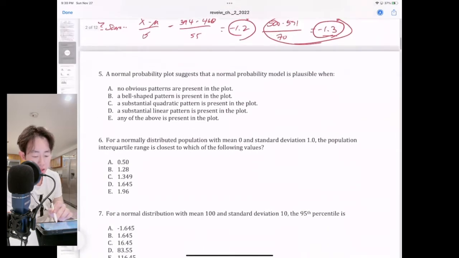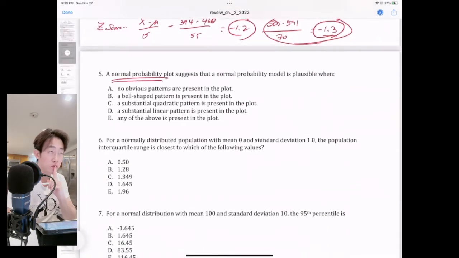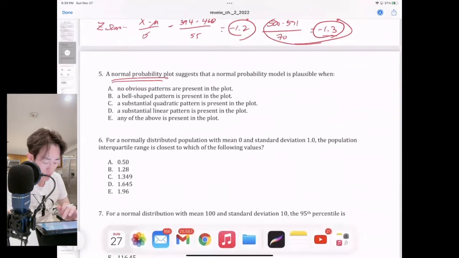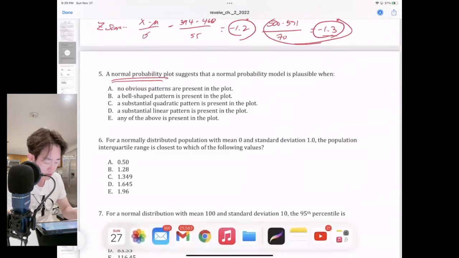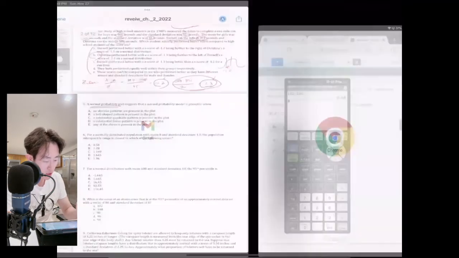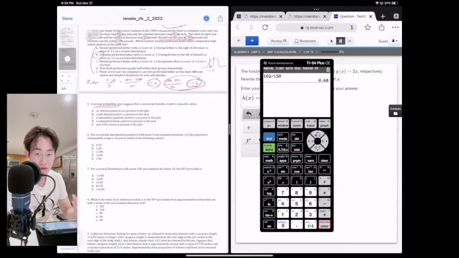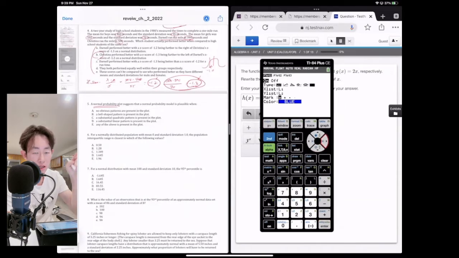Normal probability plot. Now, I think for period 5, we haven't gone over this. The normal probability plot basically states that if it's linear, you have a normal distribution. I've shown this to my period 4 class very briefly. On a stat plot, it's this last one. You can see how it gives you a little bit of a line right there.